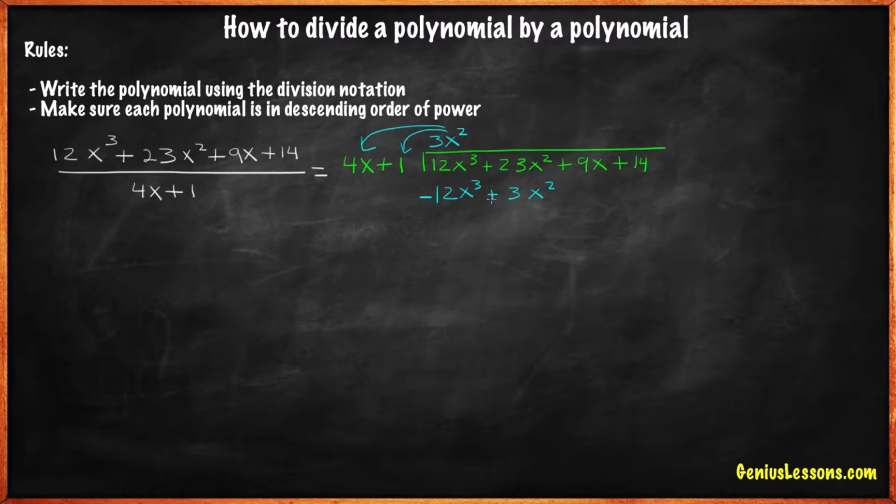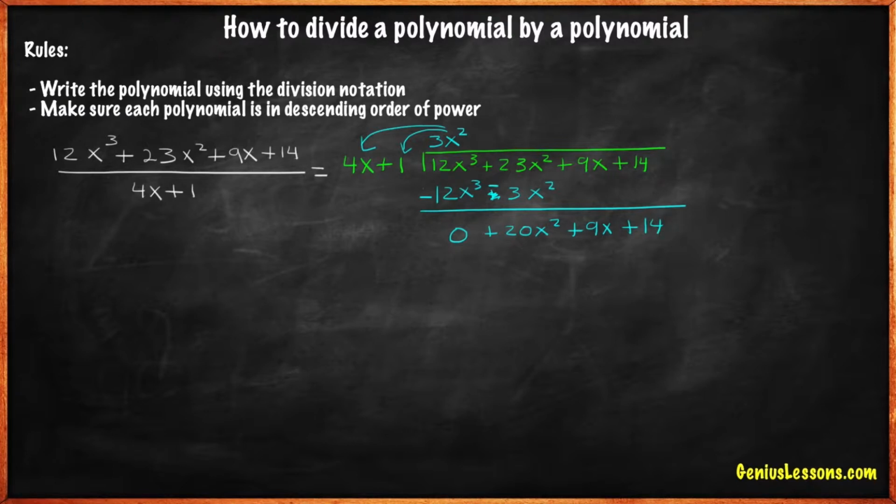Now we change the signs: negative 12x cubed minus 3x squared. Now we add them. 12x cubed minus 12x cubed equals 0. 23x squared minus 3x squared equals 20x squared. We bring down 9x.